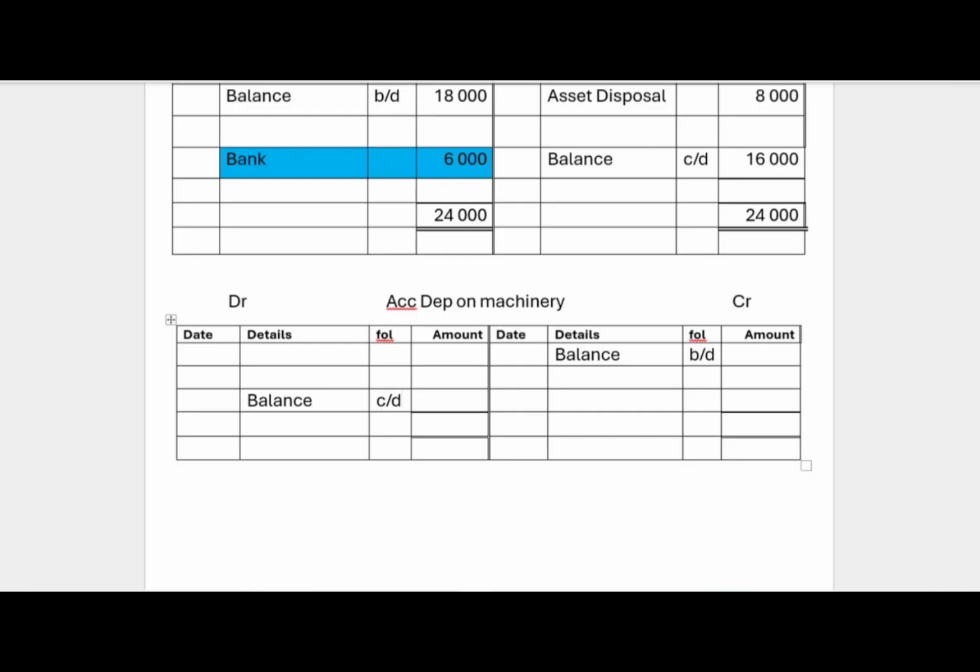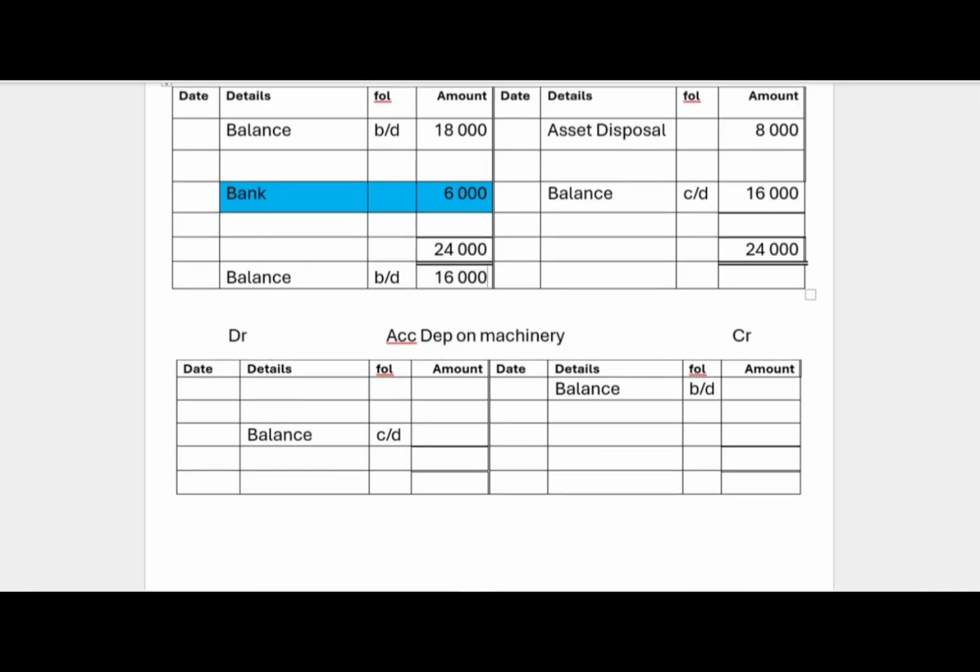And then here, remember, we have to also disclose the balance at the end, which is going to be the opening balance of the following period, which is going to be 16,000, because remember, the closing balance of the previous year must be the opening for the current year. So fine, I just wanted to clarify that one in this account, right?